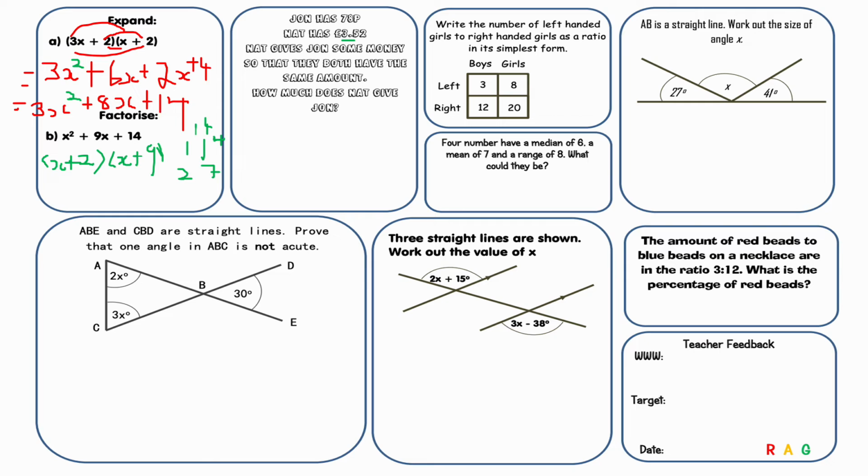Nat gives John some money so that they both have the same amount of money. How much does Nat give John? So if we work out the current difference, £3.52 subtract 78 pence is £2.74.